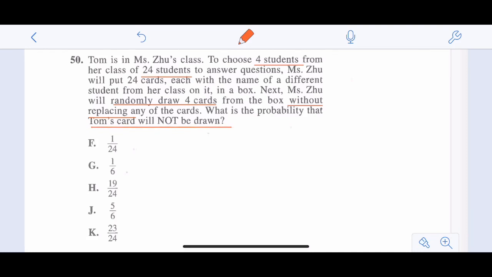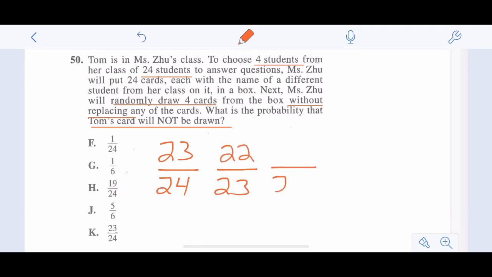Okay, so the first draw, she has 24 cards to choose from. Tom doesn't want his card to be drawn, so he's got a 23 out of 24 chance of not being drawn. The next draw, there's only 23 cards in there, and he's got a 22 out of 23 chance of not being drawn. And there's only 22 cards in there. He's got a 21 out of 22 chance of not being drawn.